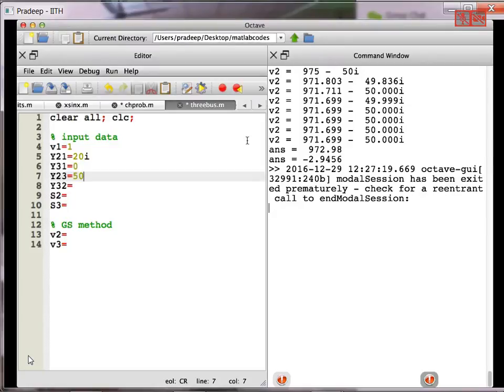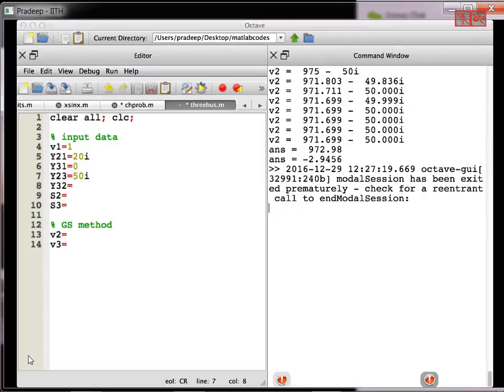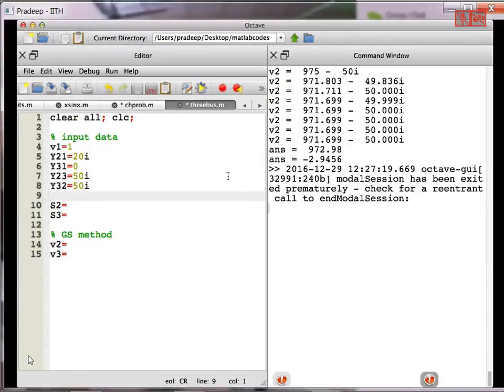So 50j. Y32 is also 50j. I also require Y22 and Y33. So Y22 is minus 70j and Y33 is minus 50j.